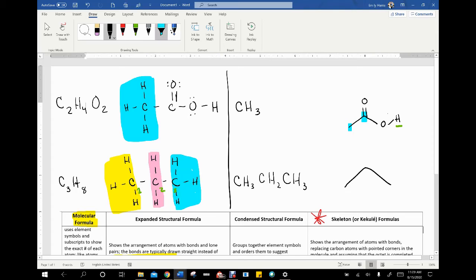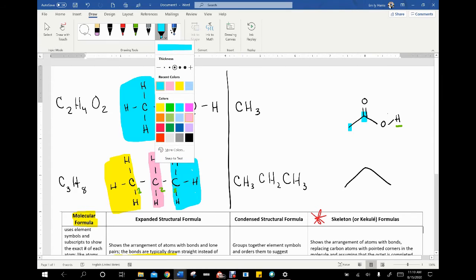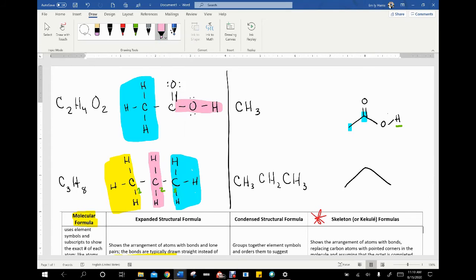Then, the reason I chose this example is because this last portion of the molecule is actually going to be a piece all by itself. It's all connected to this carbon. And the way we're going to express that piece is COOH. It kind of looks like Q. And that is going to be characteristic any time you have a carbon double bonded to one oxygen and single bonded to a second oxygen with an H.